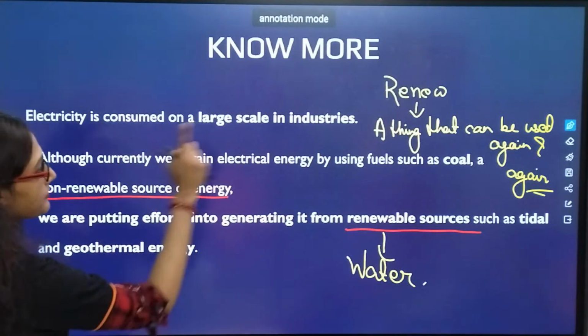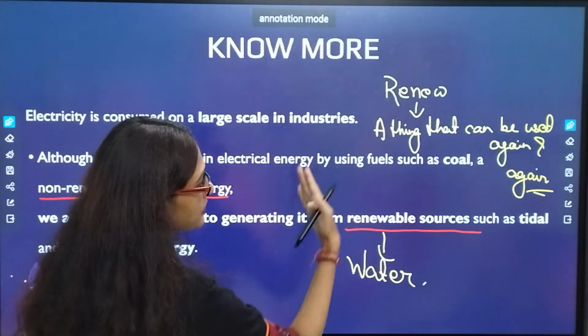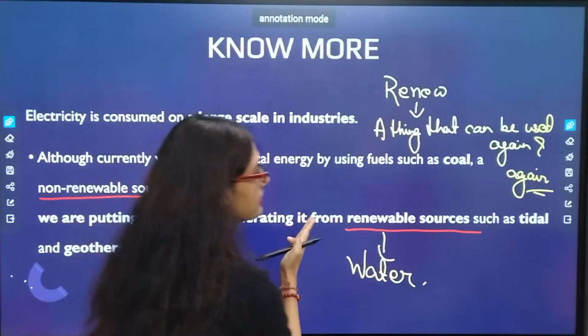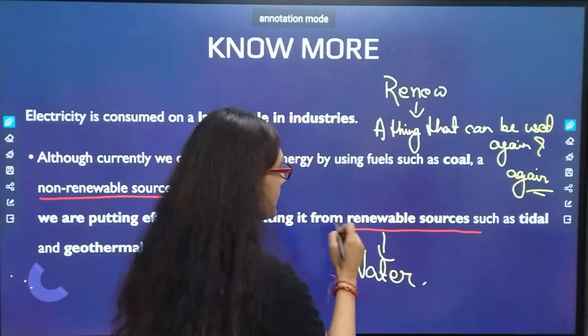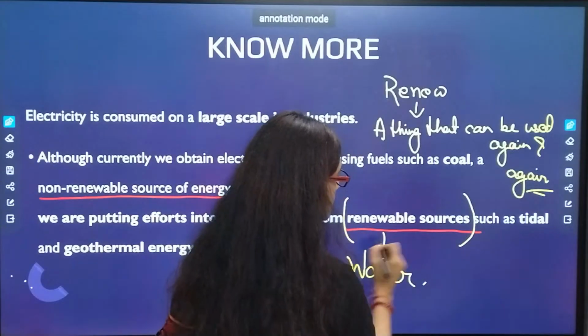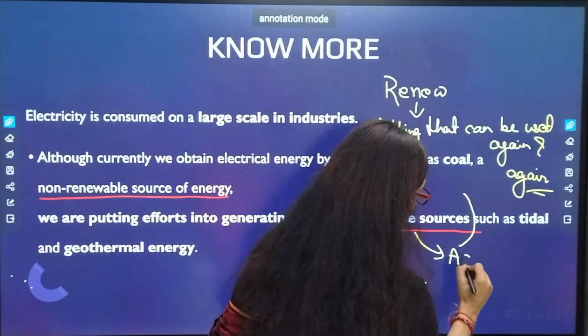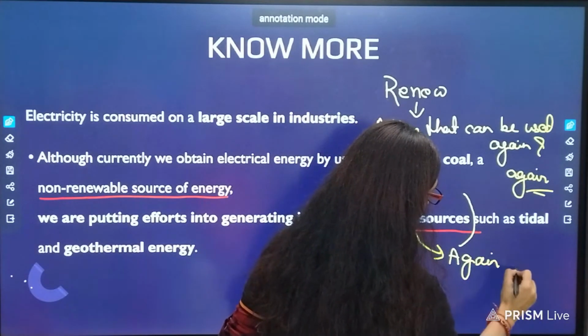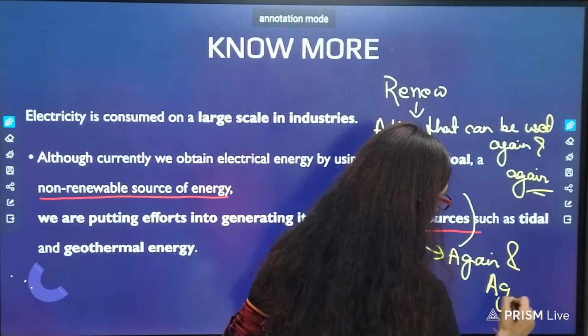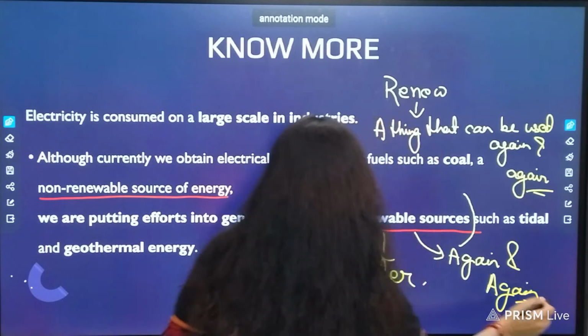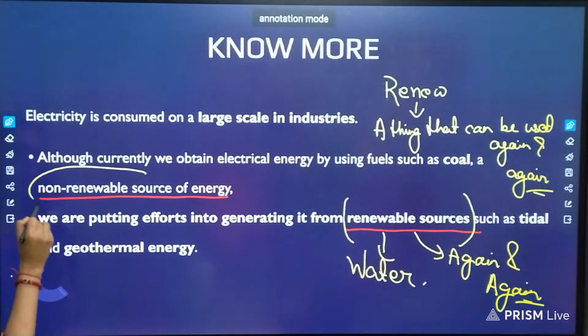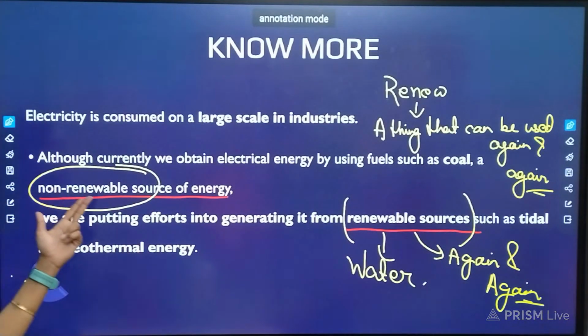Okay? So if renew means that can be used again and again, then renewable source means we can use these resources again and again. But then what will be non-renewable?